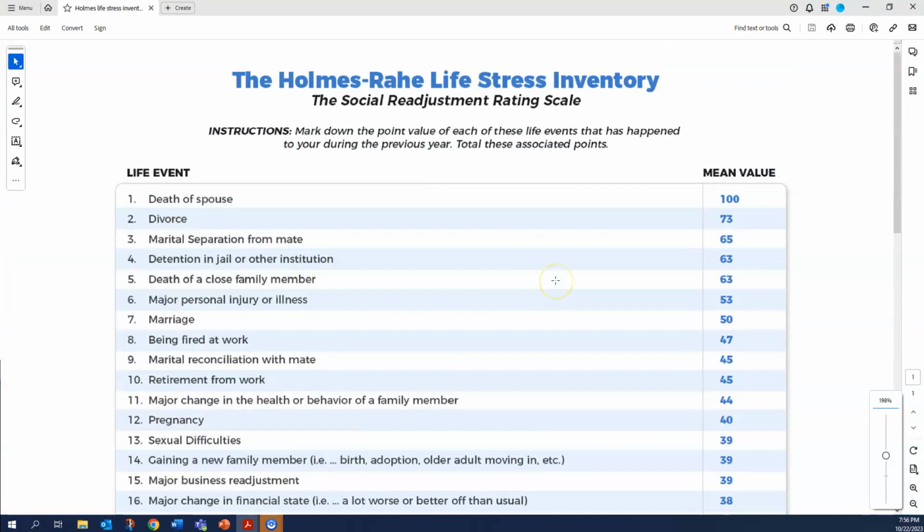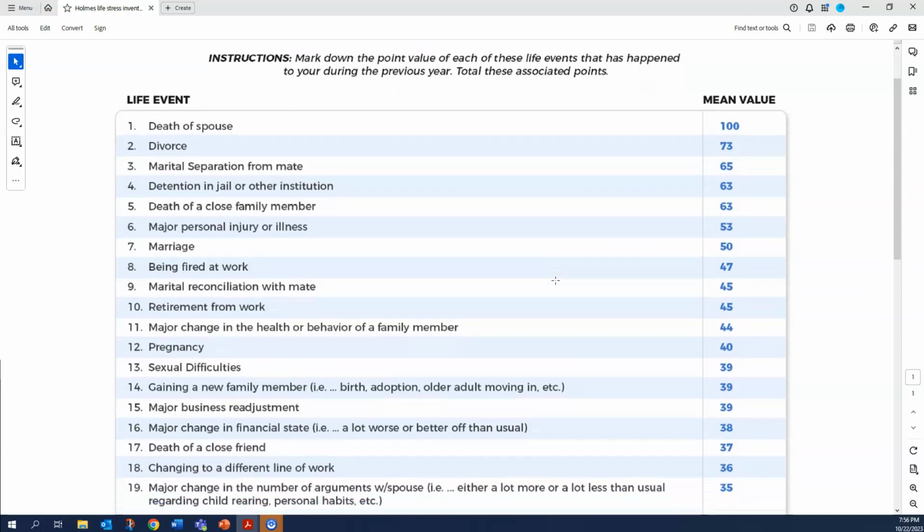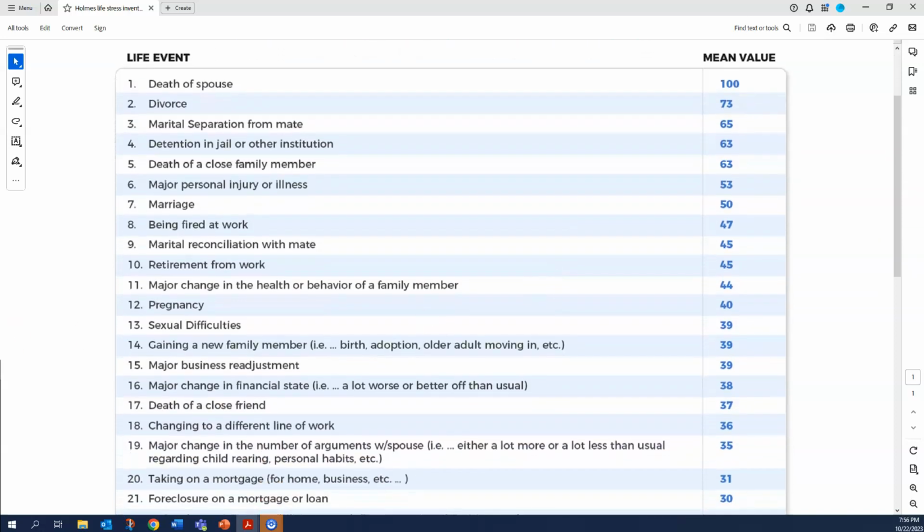So this is the Holmes Life Stress Inventory. What this does is look at what stressors you have had during the previous year. And again, some of them could be considered positive. We normally think of marriage as something that is happy, but it's a change still.